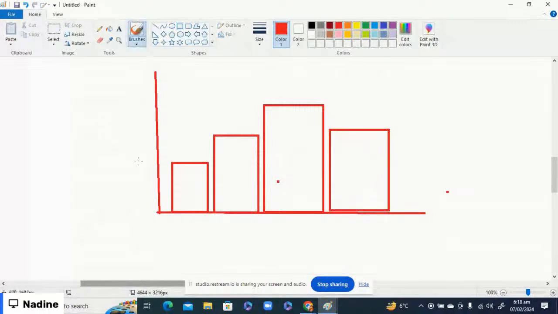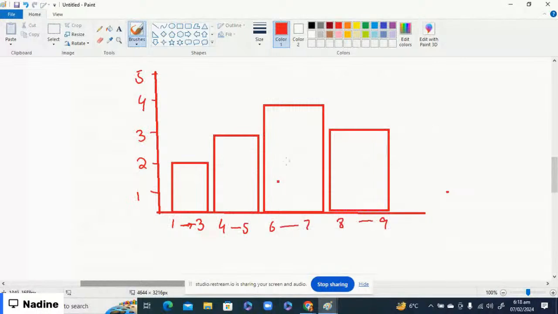So this is from 1 to 3, then 4 to 5, then 6 to 7, then 8 to 9.